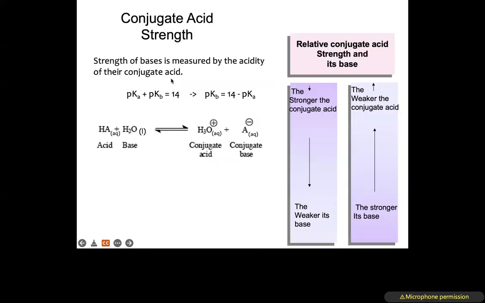What about the strength of base? Strength of base is measured by the acidity of the conjugate acid. By knowing that pKa plus pKb equals 14, which we already got from auto-ionization of water, we have this equation: when pK of acid and pK of base are added, they should be equal to 14.